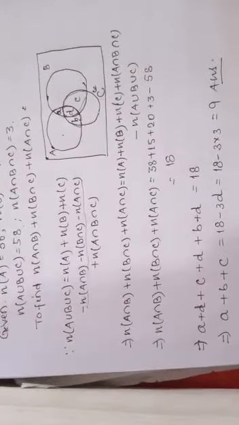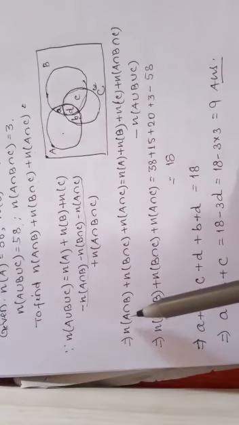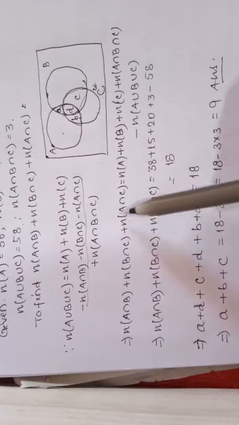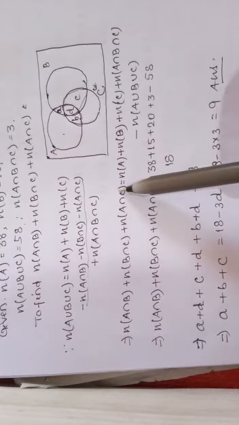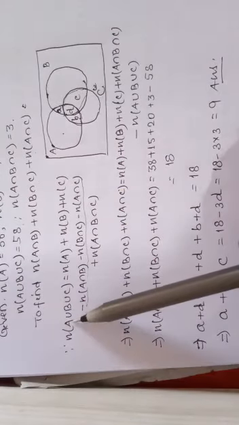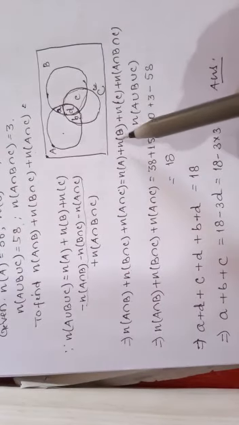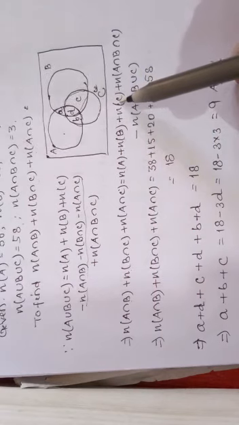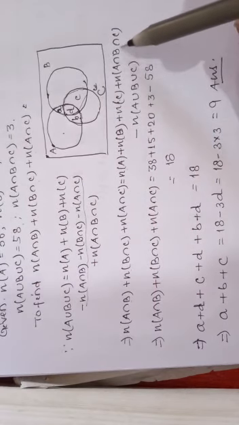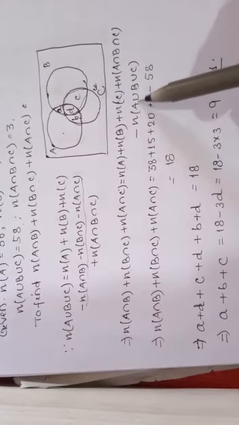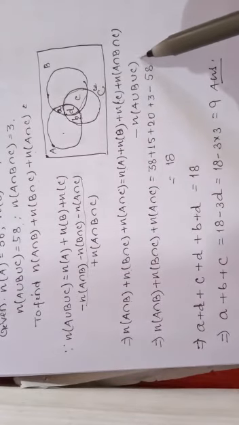On the left side we have N of A intersection B plus N of B intersection C plus N of A intersection C, and on the right side it should be negative: N of A plus N of B plus N of C plus N of A intersection B intersection C, which is already here, minus N of A union B union C.